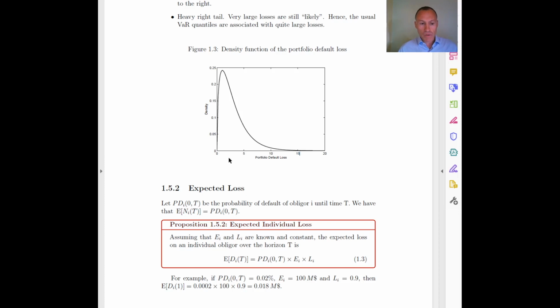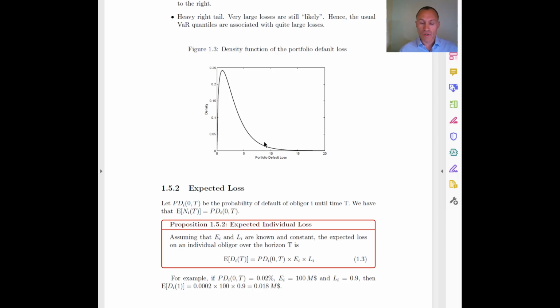So again, the shape we observe is something like this, and what is striking here is that the right tail is very heavy. What this means is that in practice there will be circumstances, scenarios where the loss is very big.